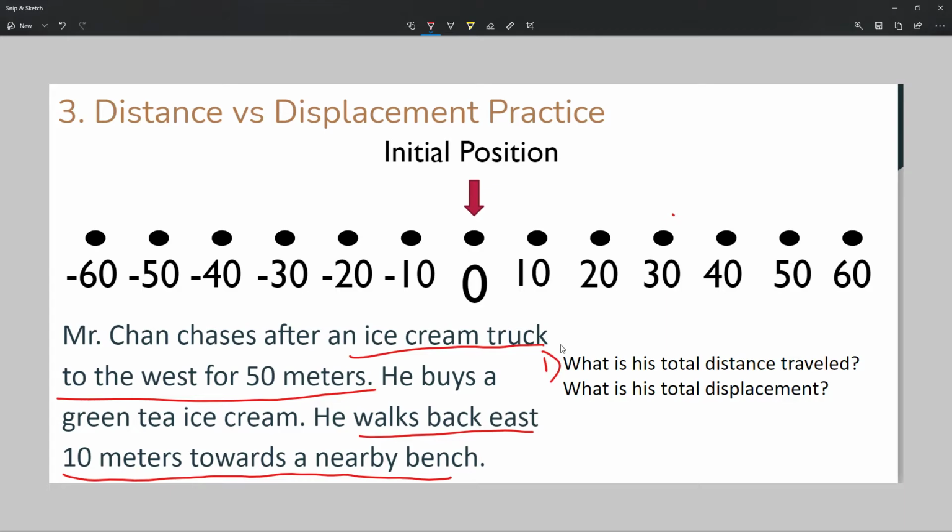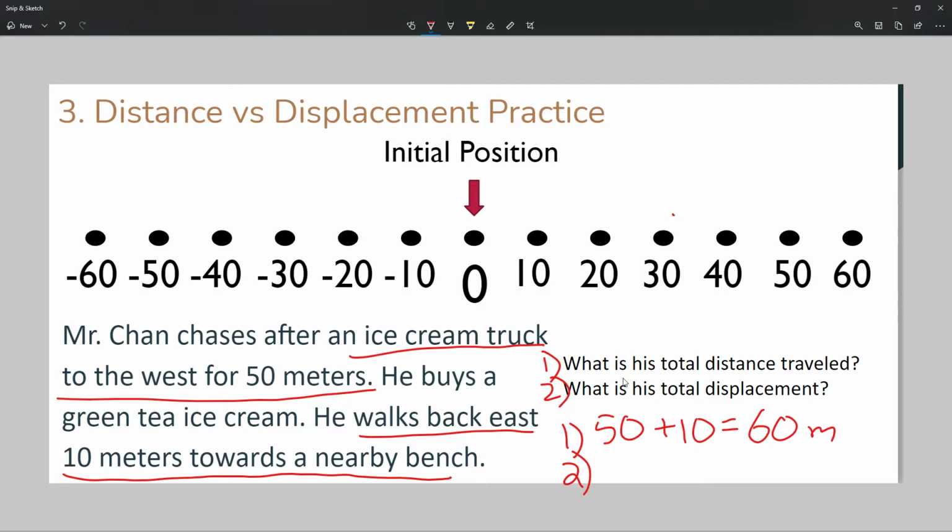Well, we don't care about direction yet. So my total distance traveled is 50 plus 10, right? That gets me 60 meters. The only thing I'm doing is adding up both my distances, both my lengths.